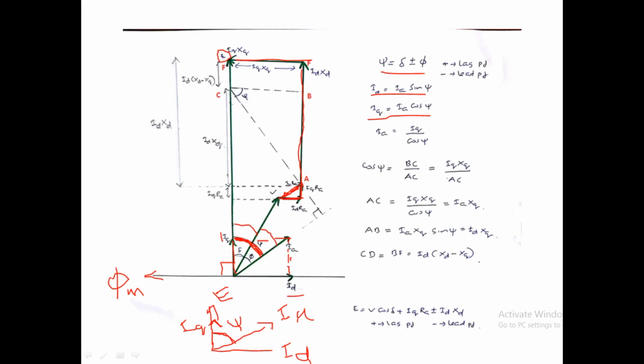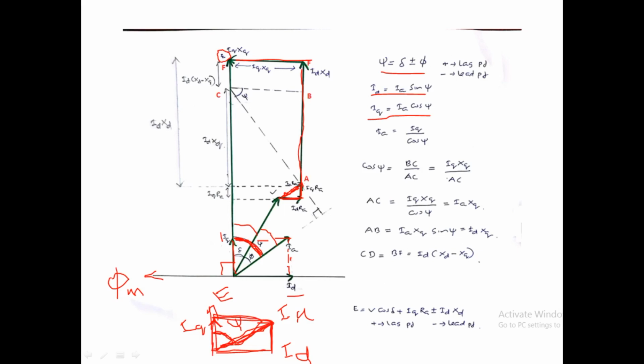Otherwise you can draw a right angle triangle here, in which the hypotenuse is Ia, this side is Id, and this side is Iq. Or consider this triangle, where we can take psi here: this is psi, this is Ia, this is Id, and this is Iq.